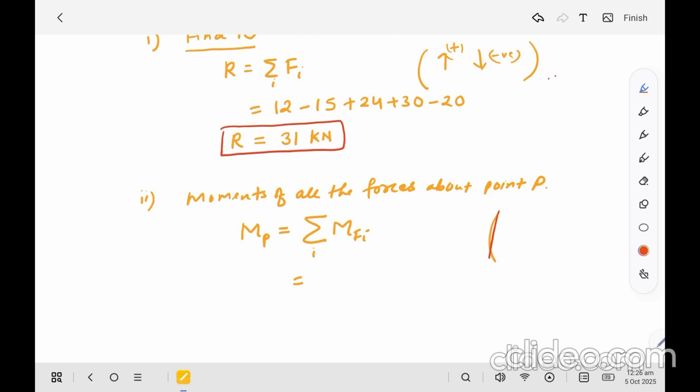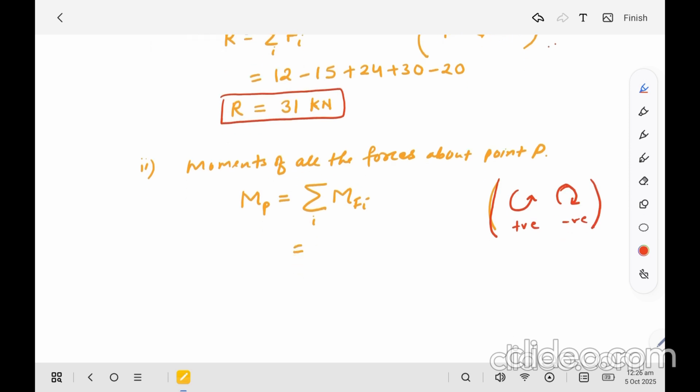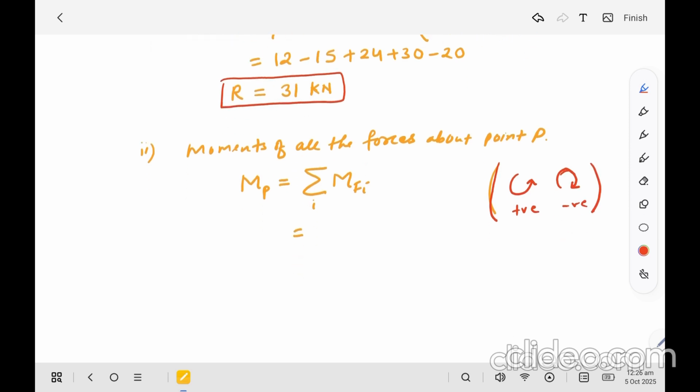Okay, so for the anti-clockwise plus, okay, we are using the positive value. Okay, for the anti-clockwise positive, and for the clockwise negative. Okay, so we are using this sign convention during the algebraic sum of moments of all these forces.